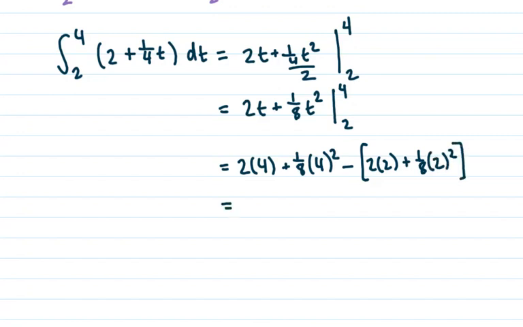It's going to give me 8. 1/8 times 16 is simply 2. Wow, I need to get more sleep. Then this is going to be 4 plus 1/8 times 4, which is going to be a half, I'm pretty sure.